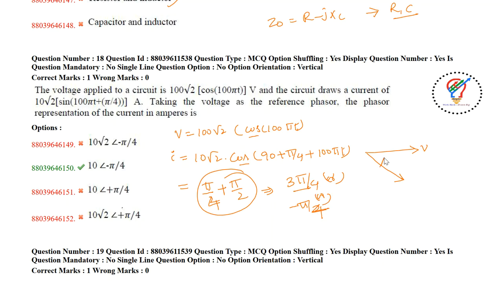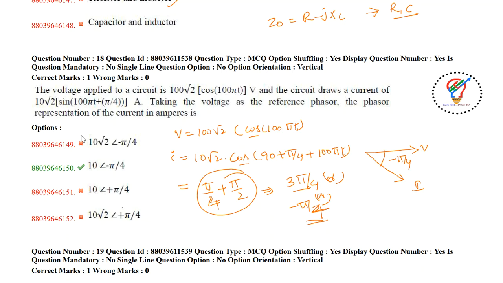Now here the difference is minus pi by 4. So the current magnitude will be 10 here. So the phasor representation of the current in amperes will be 10 at an angle minus pi by 4.